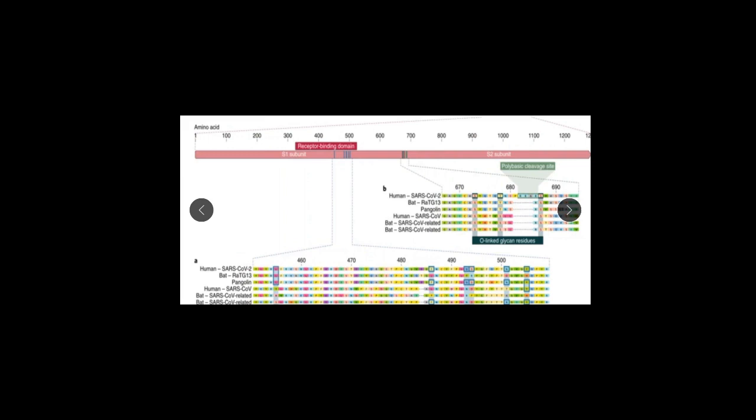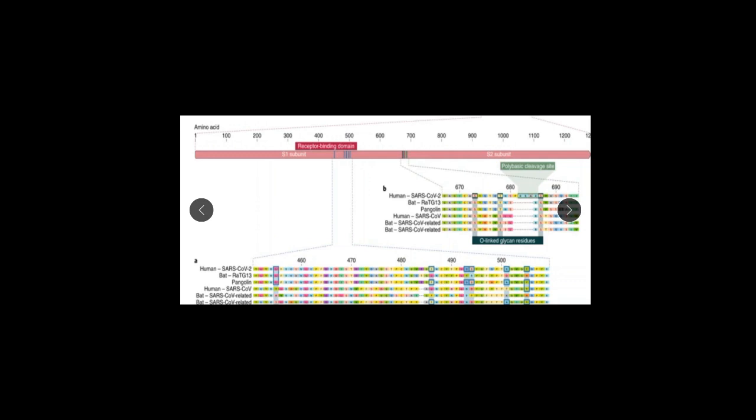Both the polybasic cleavage site and the three adjacent predicted O-linked glycans are unique to SARS coronavirus 2 and were not previously seen in the lineage of beta coronaviruses.